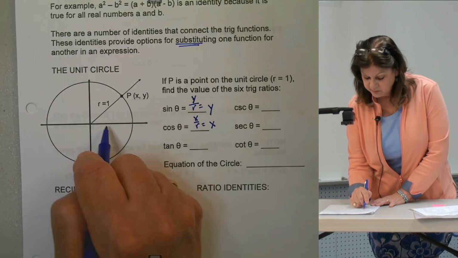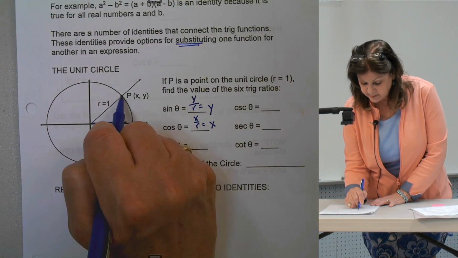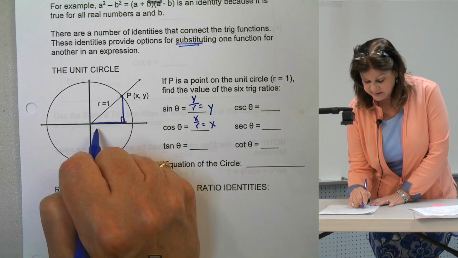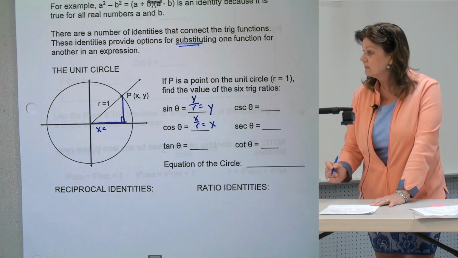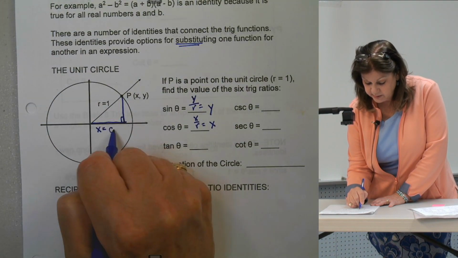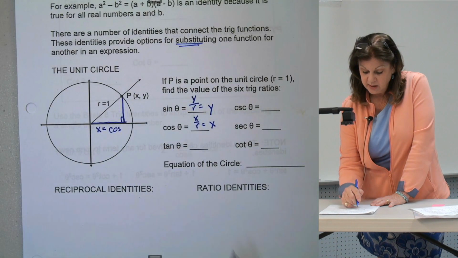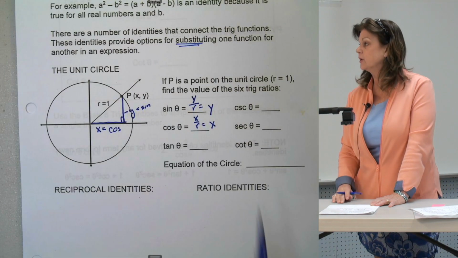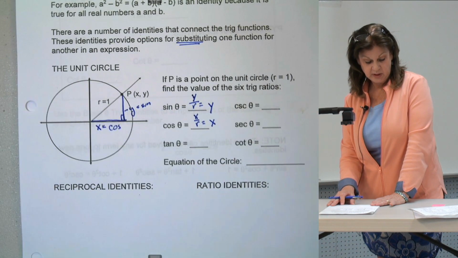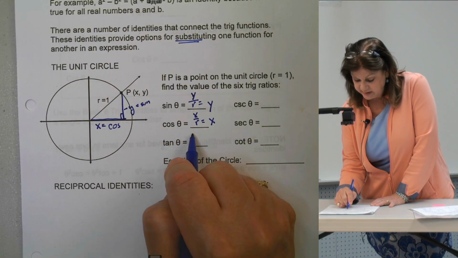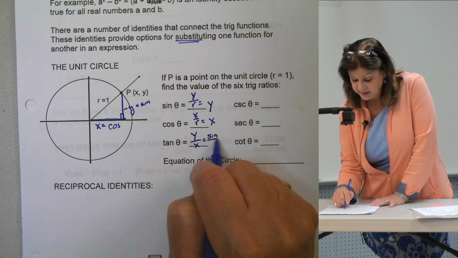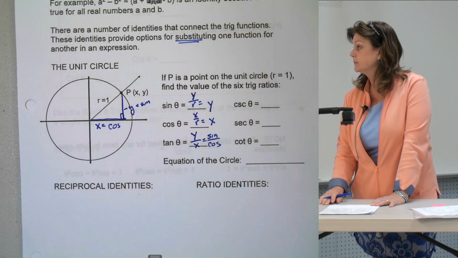So as I'm looking at this point, this triangle that I've created, this is my x value. But now that we're older mathematically, we're going to call it cosine. This is my y value, but again, we're older mathematically, so now we're going to call it sine. Tangent, of course, is y over x, or in trig, sine over cosine.